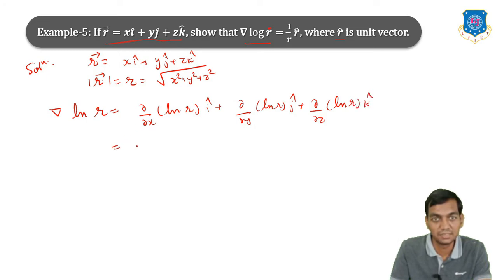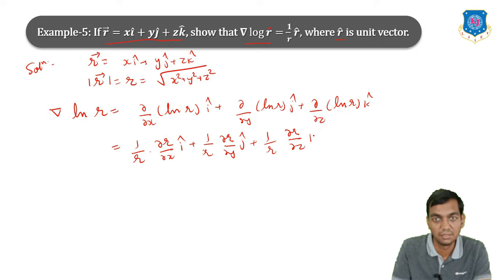But del by del x of log r is 1 upon r into the derivative of r with respect to x. In the same manner with respect to y, 1 upon r into del r by del y, plus 1 upon r into del r by del z.